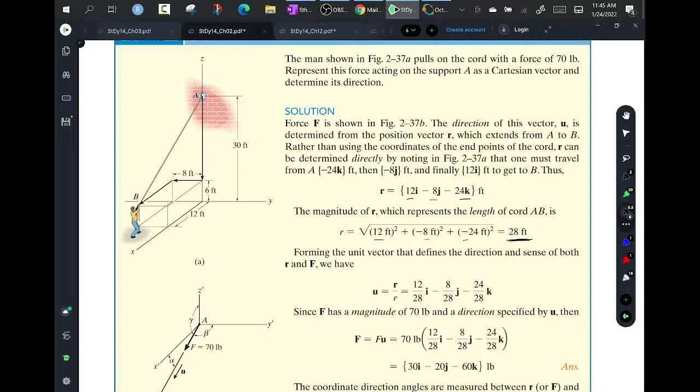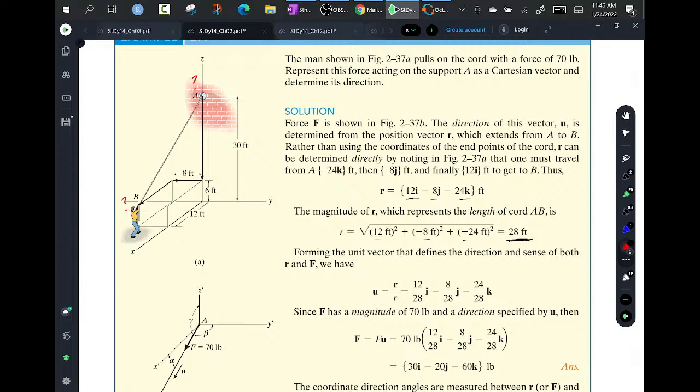So look at it from this perspective. The R vector, you go 12i, let's see if I can start where the guy's hands are. And let me switch a color so you can see it. So I go 12, then I go, well, wait a minute. There are two ways to be concerned: you're concerned about this, or you're concerned about this. Looks to me he's concerned about it pulling out of the wall.